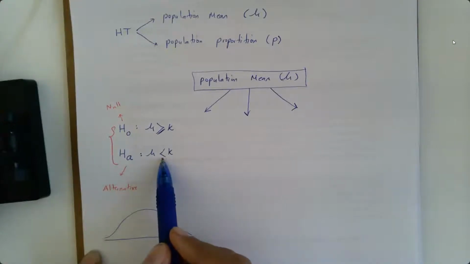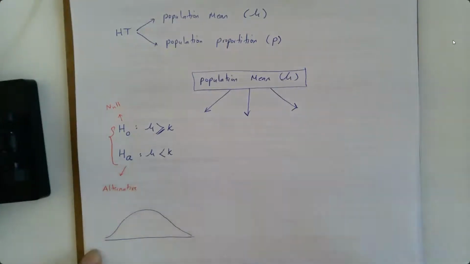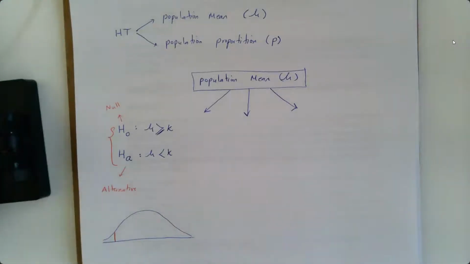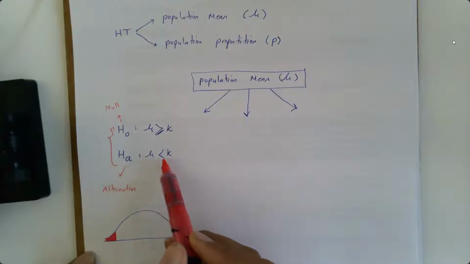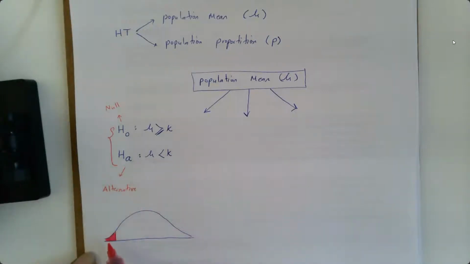So in this case, we have a left-tailed graph. How does it work for a left-tailed graph? You're going to shade a very small portion of the normal graph on its left-hand side. mu is less than k, so we're going to have a left-tailed graph.